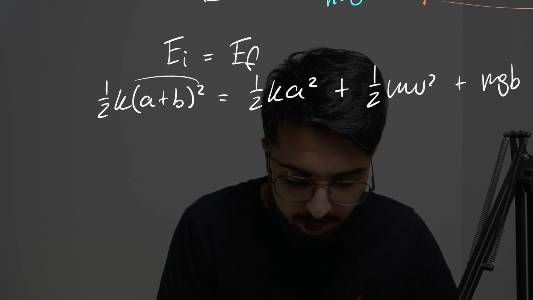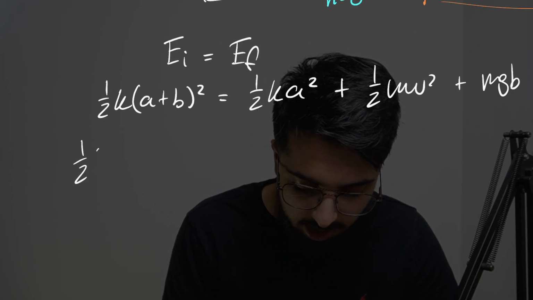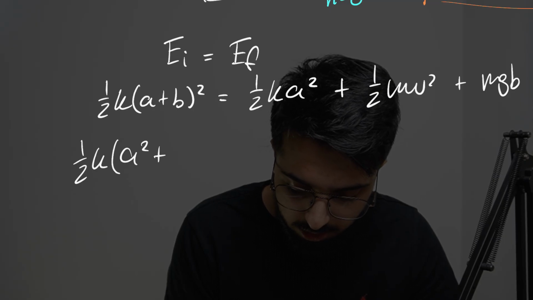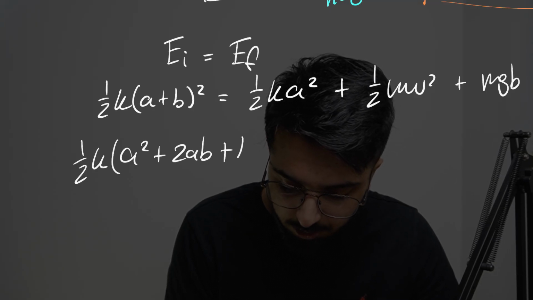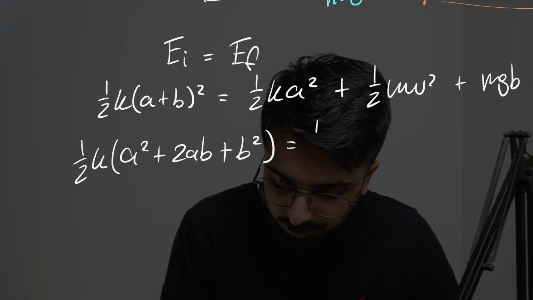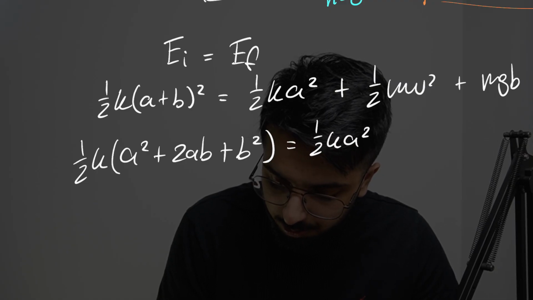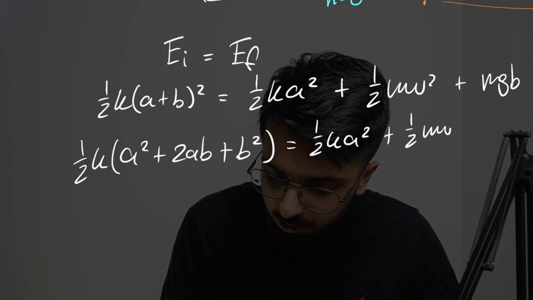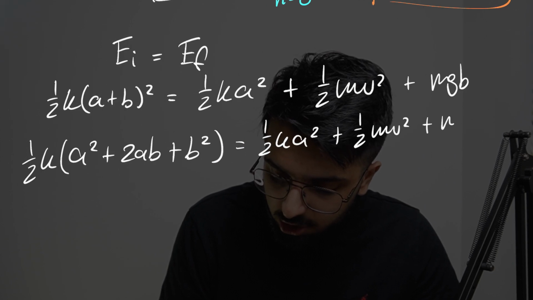So now we can expand this out, and we get half k (a squared plus 2ab plus b squared) is equal to half k a squared plus half mv squared plus mgb.